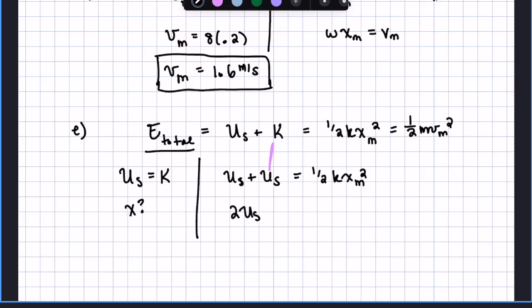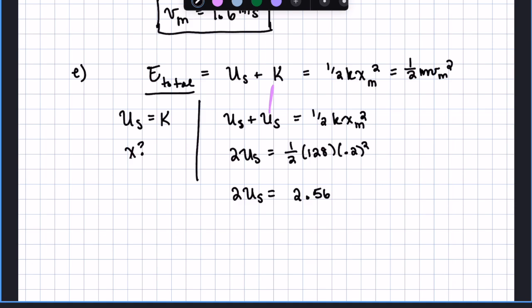I'll get a number for that first: 1/2 times 128 times 0.2 squared gives me 2.56 joules.